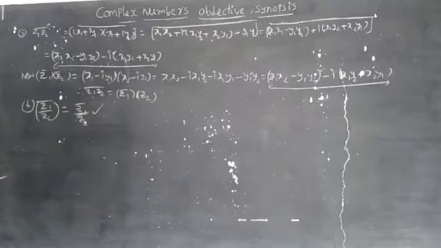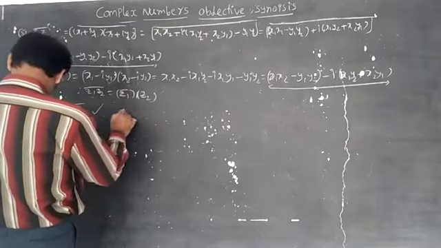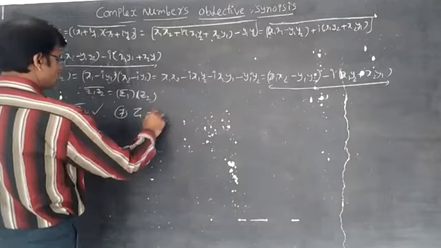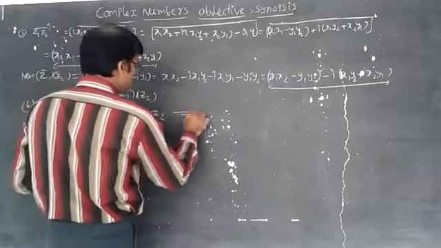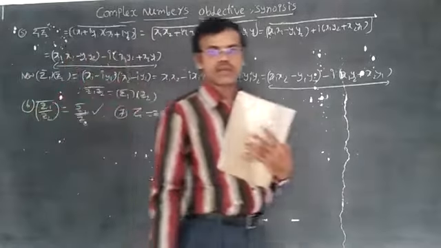Now let us discuss another property. Seventh one: z1 is equal to z2 if and only if, by implication, I think you already learned this in the mathematical reasoning chapter.